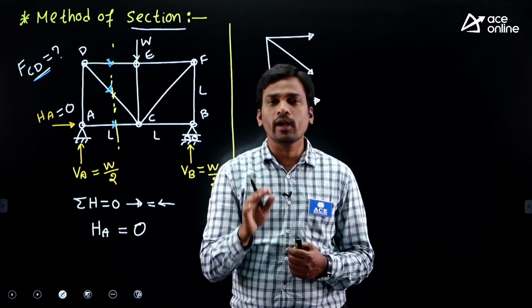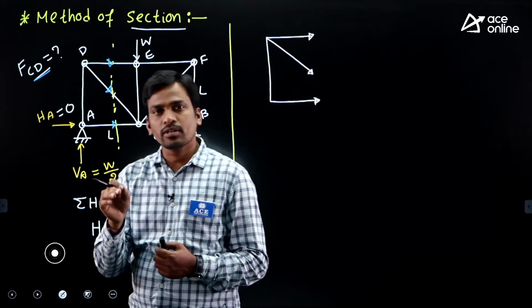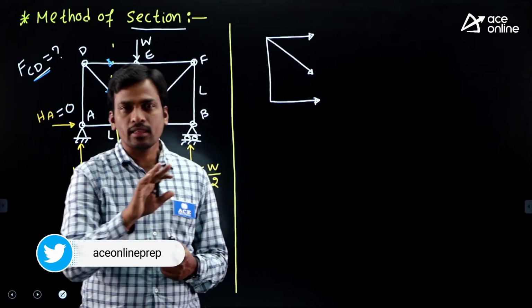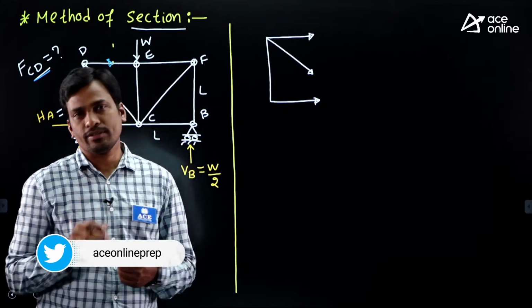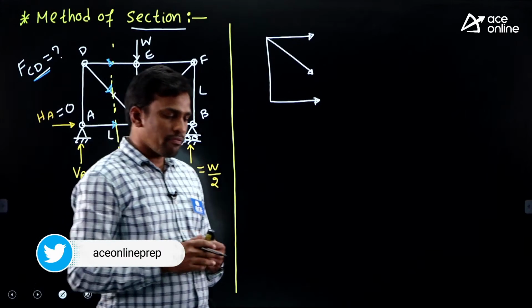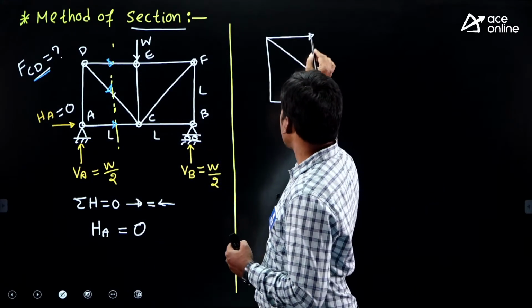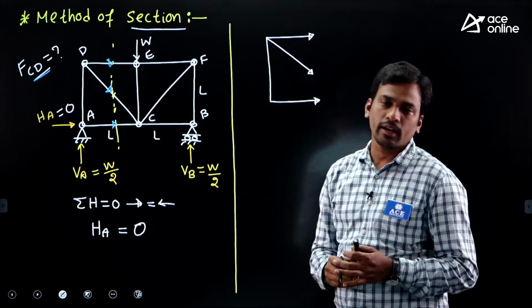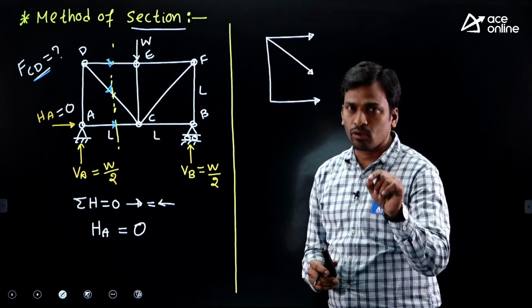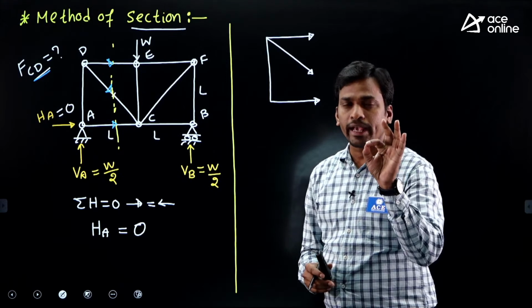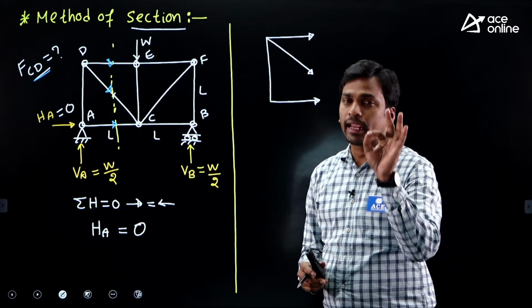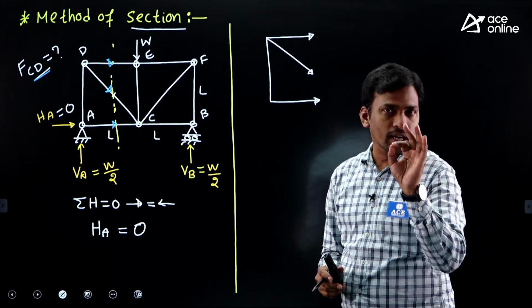If we get a negative value, then the assumption is wrong, which means it is not tension, it is compression. But I'll always prefer initially tensile force. In all the members, we'll initially assume tensile forces only, but only in the cut members.